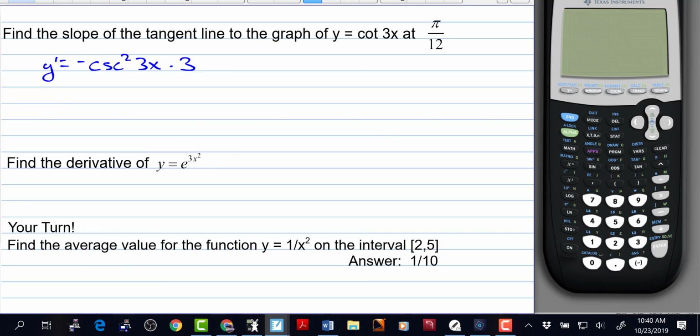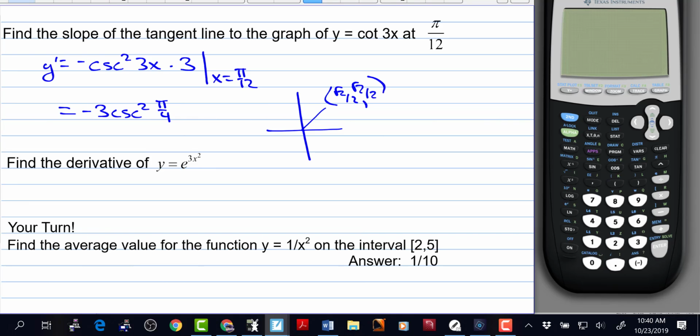And then we're going to evaluate at x equals pi over 12. So 3 times pi over 12 is pi over 4. Cosecant of pi over 4, there's square root of 2 over 2's at pi over 4.